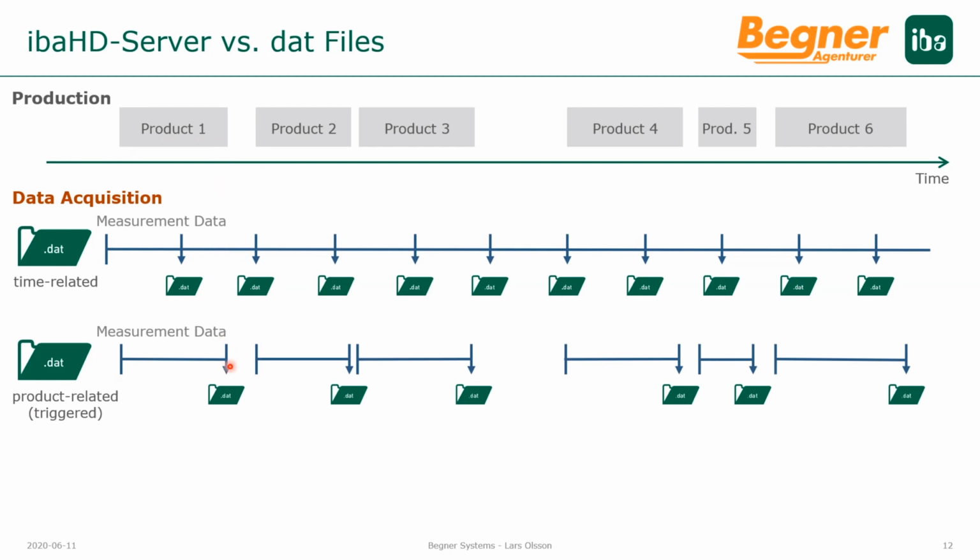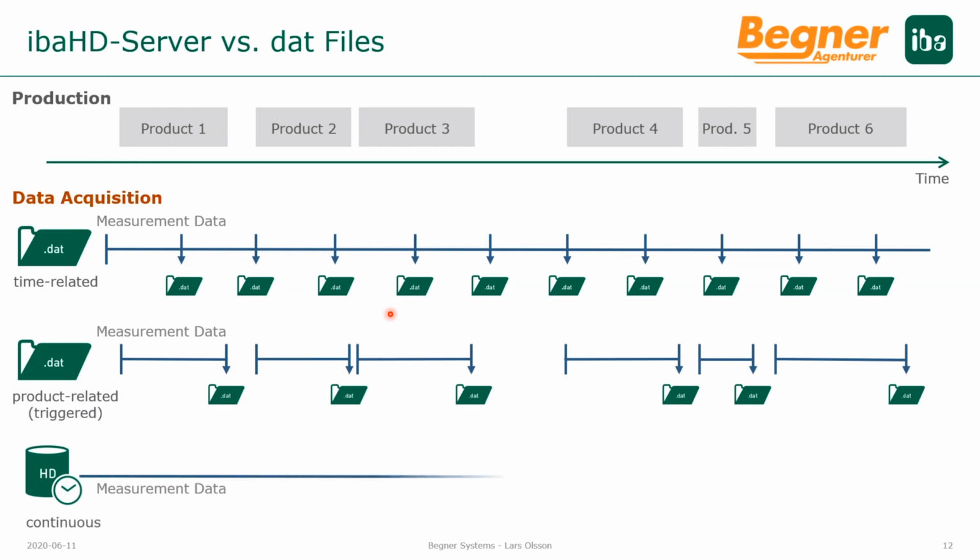It means that this dat file that we store here only contains data for product number 1. And then we do not save any data here. Here is a gap. And then product 2 comes, we start a new writing of that file, and we store it to disk when product number 2 is finished, and so on.